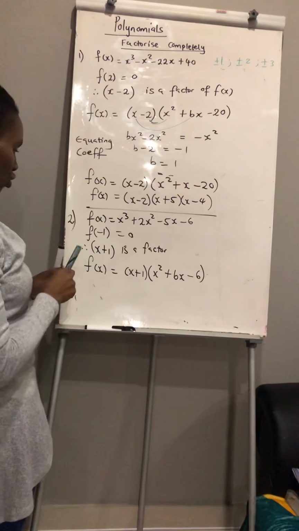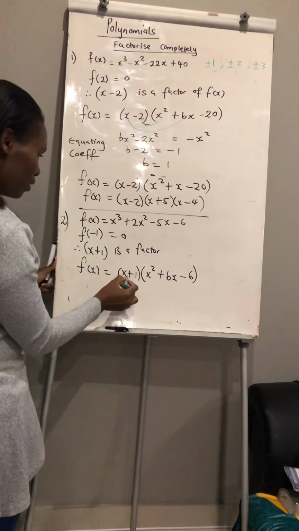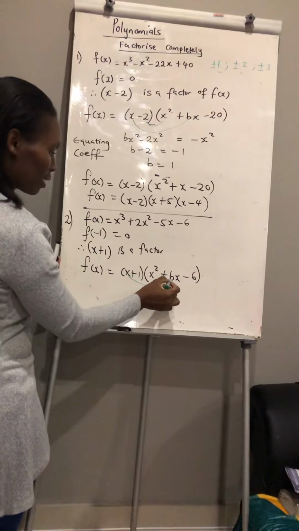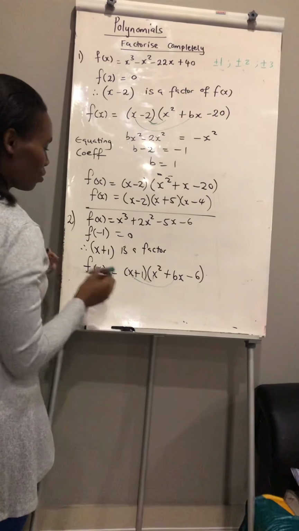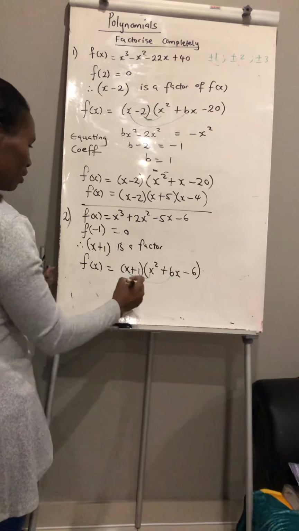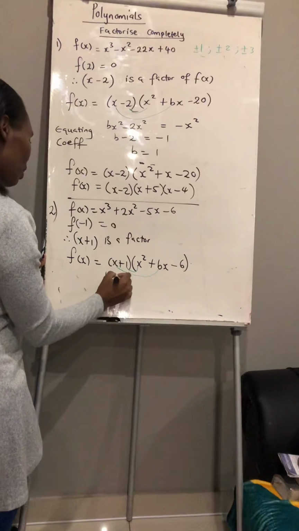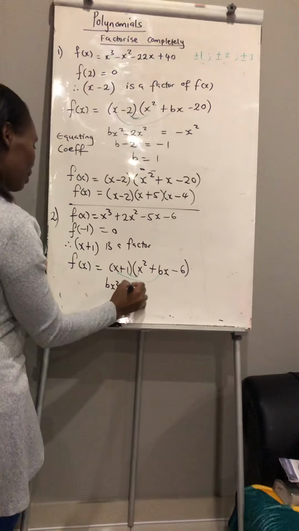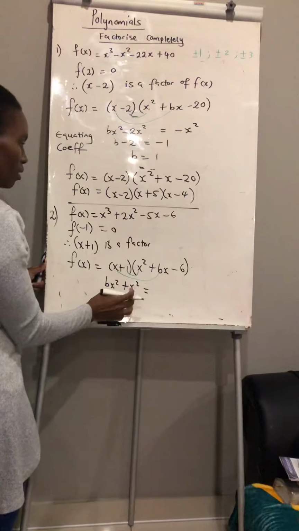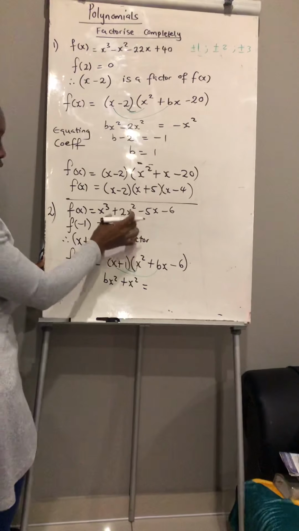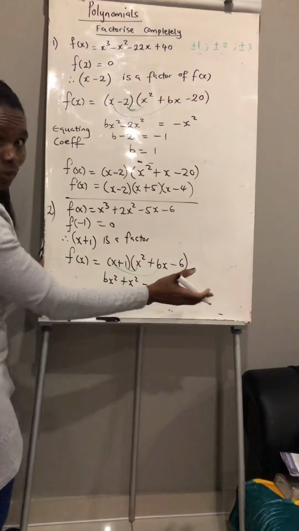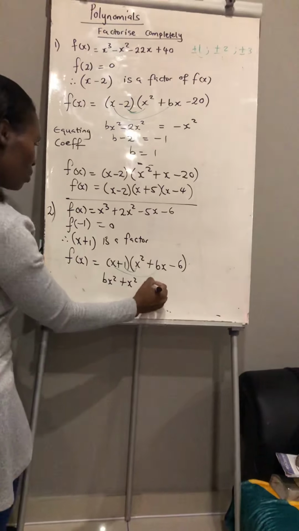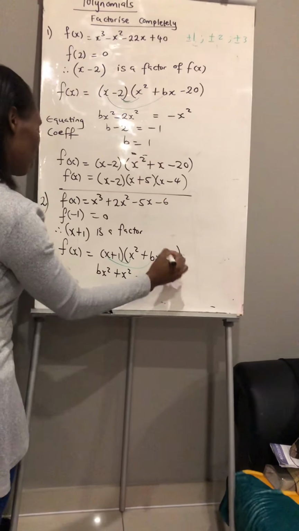So I am going to just do what I asked you to do: first and second, and first. Those are the terms you multiply in this situation. So you get bx squared, then you get plus x squared. You equate it to the term with x squared here. If there is no term with x squared, you actually equate it to 0x squared. It will work. So it will be 2x squared here.